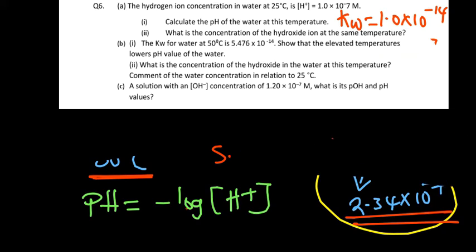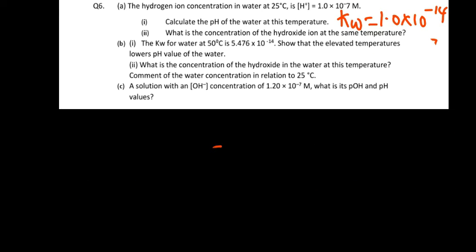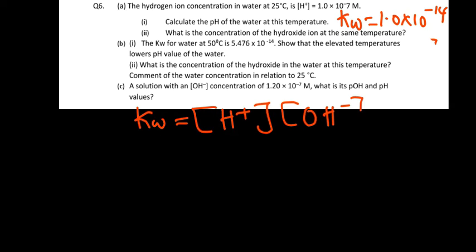Now part B. What is the concentration of the hydroxide in the water at this temperature? I think we've already calculated that. I said kW is equal to the hydrogen ion concentration times the hydroxide ion concentration, and we assumed that the amounts of the two were equal, so we put in the value of x and plugged in the value of kW given there.